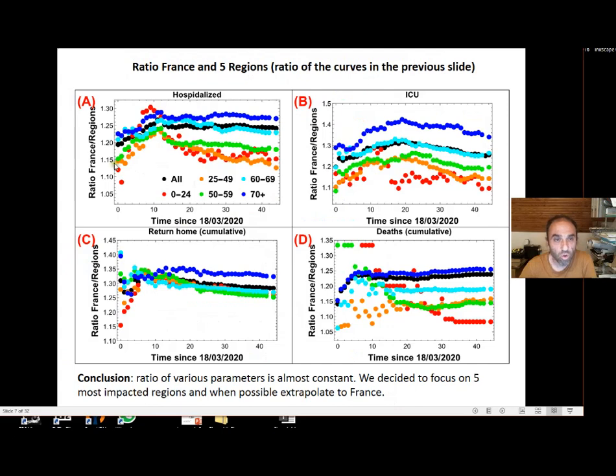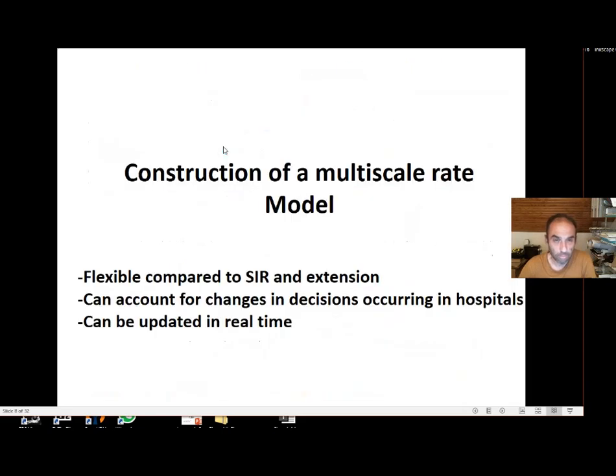By doing so, what you observe is that this ratio was almost constant for the four parameters that we studied here. So when we collect data, we use this ratio to extrapolate and better calibrate our model.